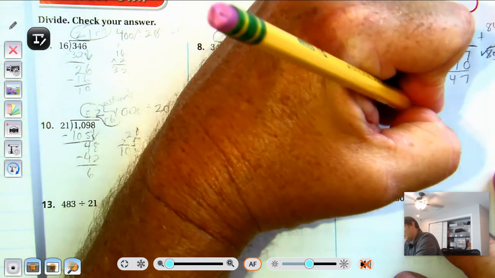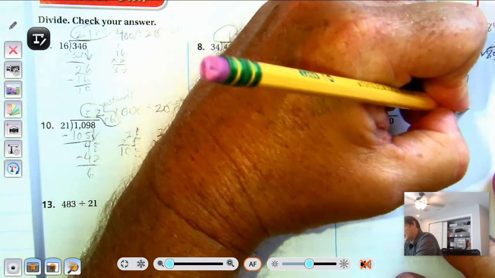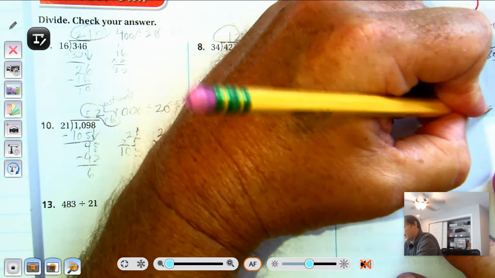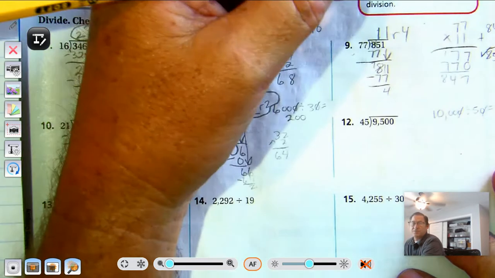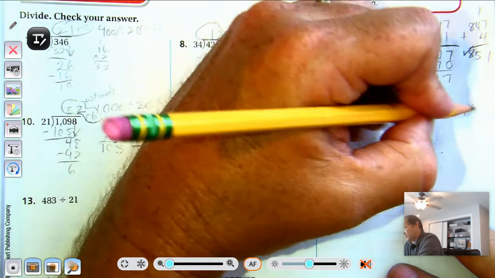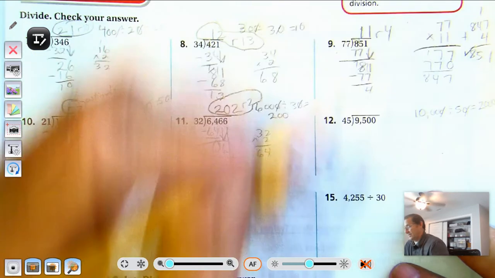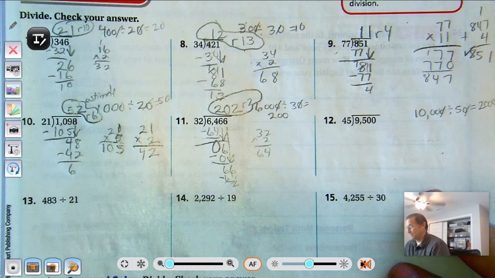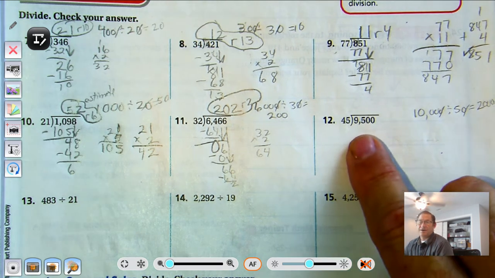So we could say 10,000 divided by 50. Eliminate one of the end zeros, and we're saying our answer is 1,000 divided by 5, so about 2,000. Well, that doesn't make sense, right?